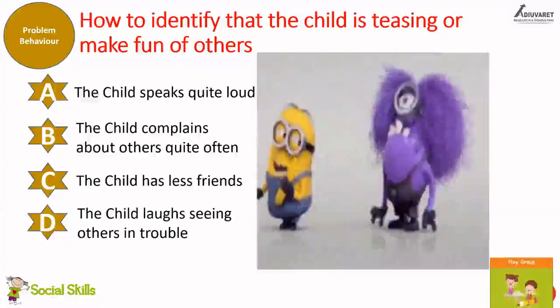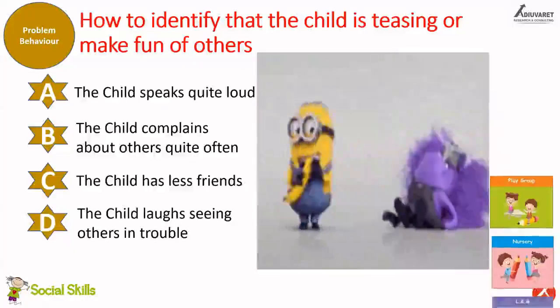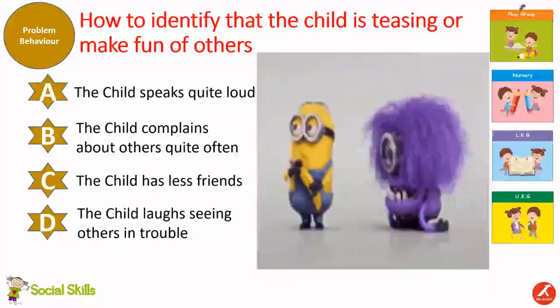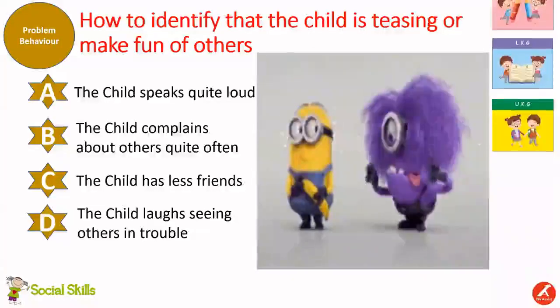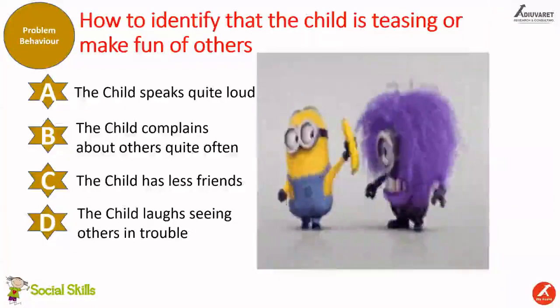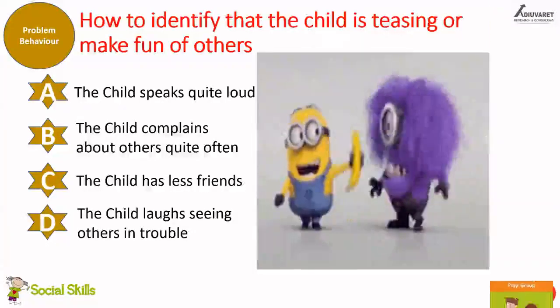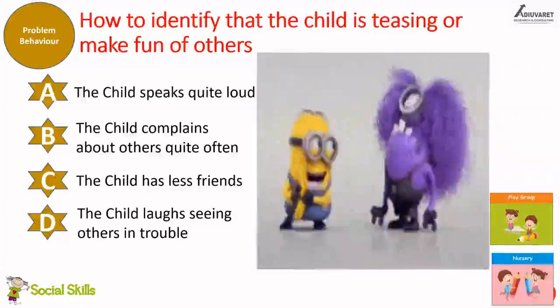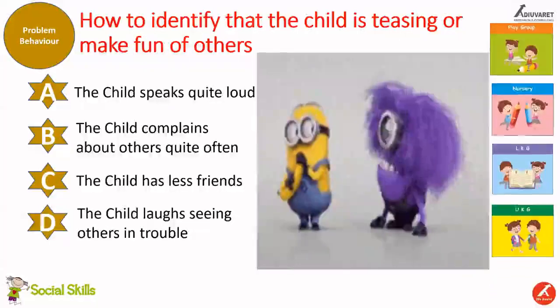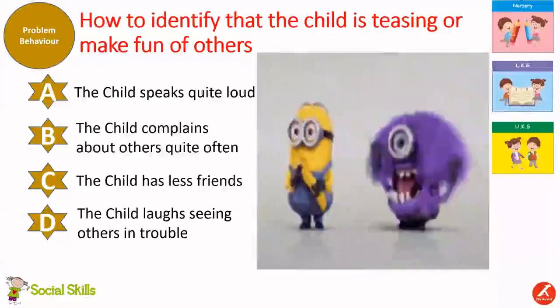Next symptom we must look out for is that the child loves seeing others in trouble. In social cooperation, which is a positive aspect of social skill, if others are in trouble, the child will look forward to finding a solution for them and make sure others are not in that situation.